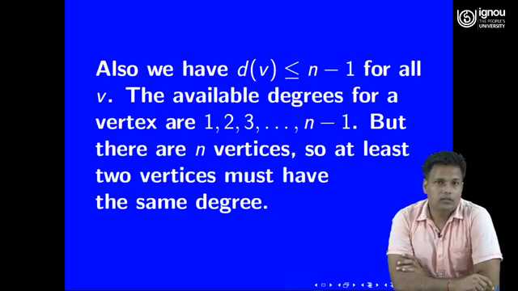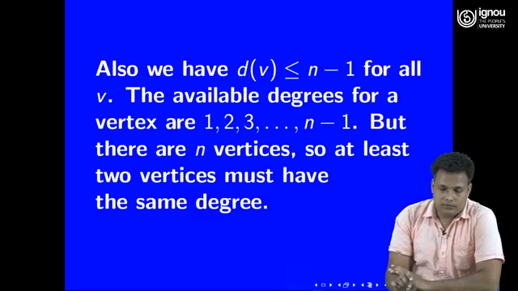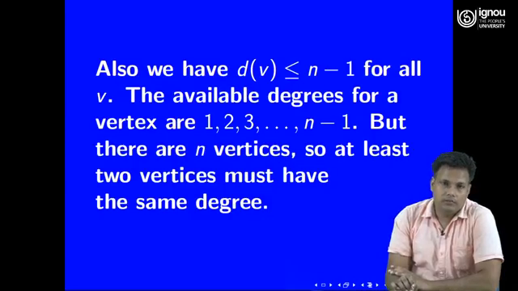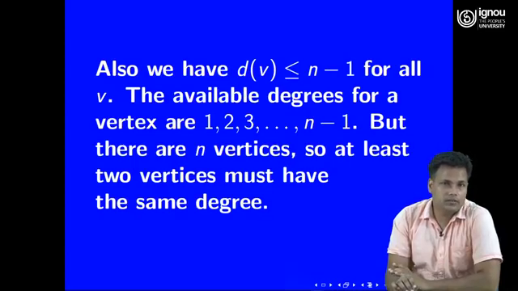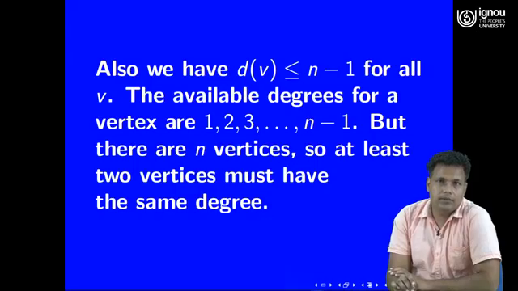But now there are n vertices and n minus 1 degrees. So again by the pigeonhole principle, some vertices must have equal degree, which is not possible. So there is no simple graph which has all vertices of distinct degrees. That means in every simple graph, there are at least 2 vertices that have the same degree.